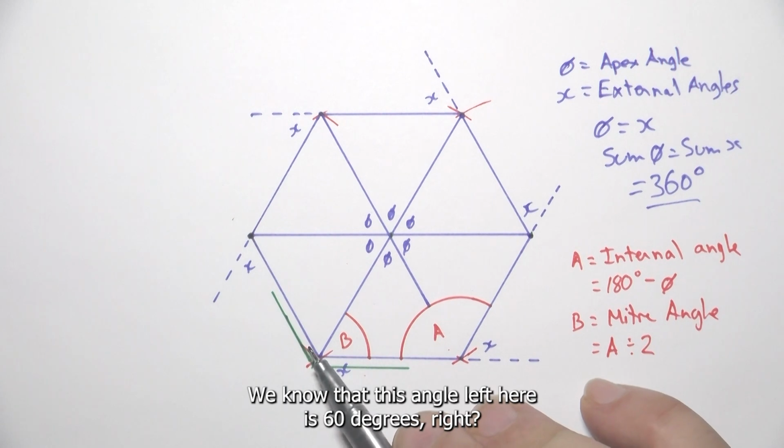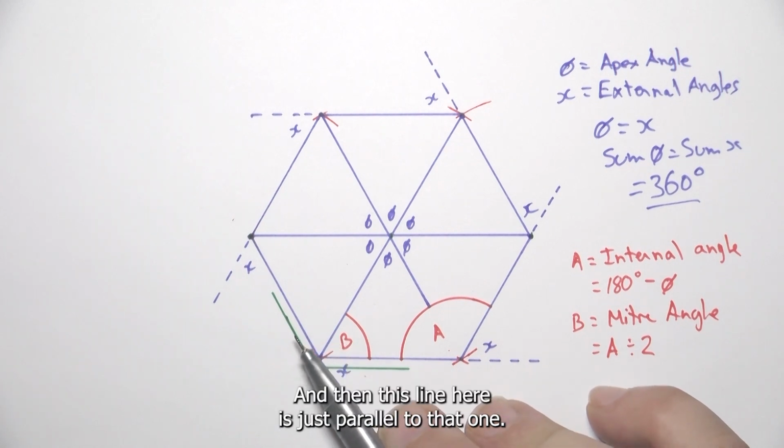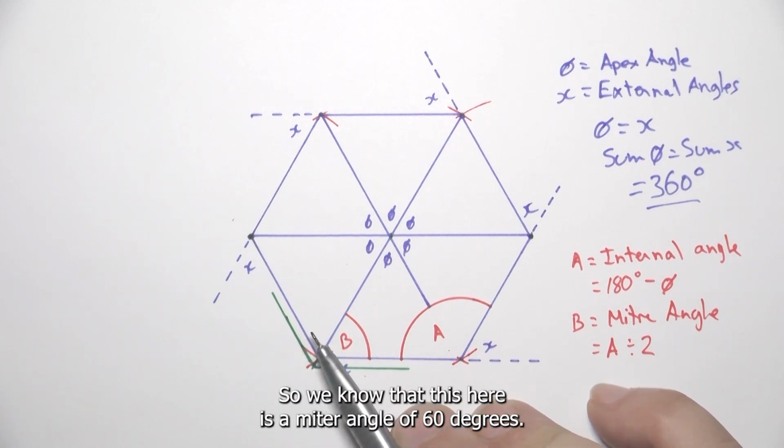Right? We know that this angle left here is 60 degrees, because this line just carries out here, and then this line here is just parallel to that one. So we know that this here is a mitre angle of 60 degrees.